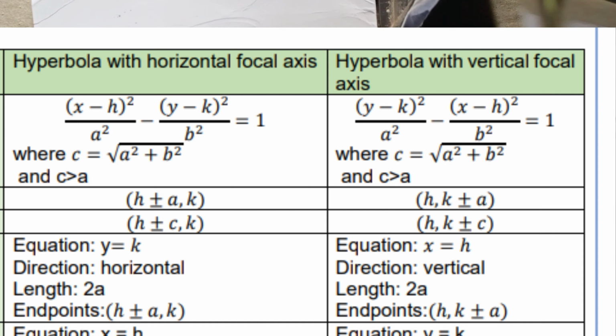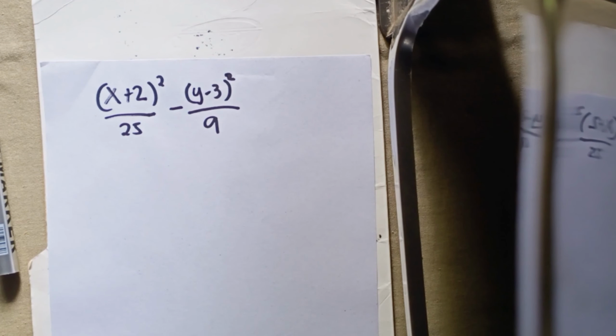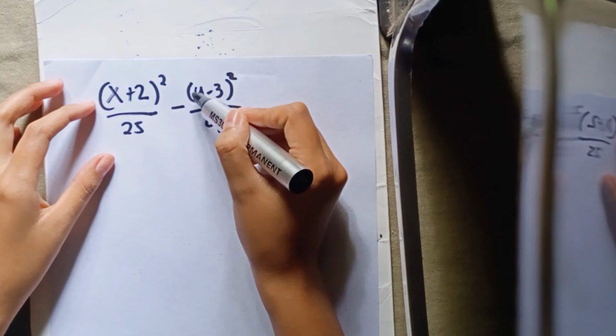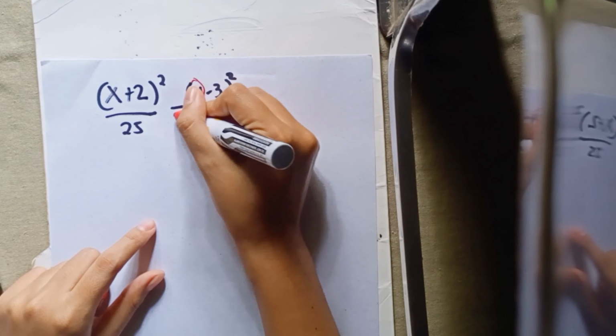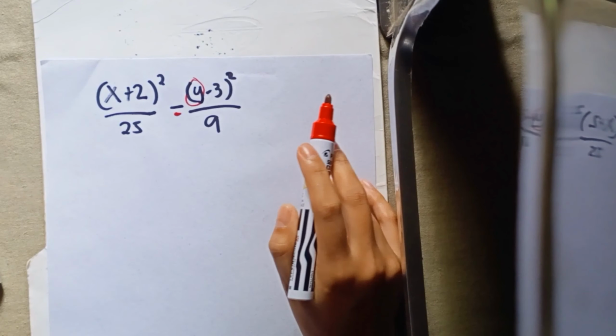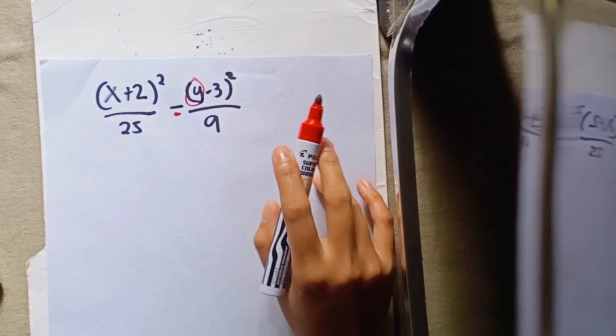The other one is the hyperbola with vertical focal axis, given as quantity of y minus k squared over a squared minus quantity of x minus h squared over b squared equals 1. Since the negative term is y, this means our hyperbola is horizontal.